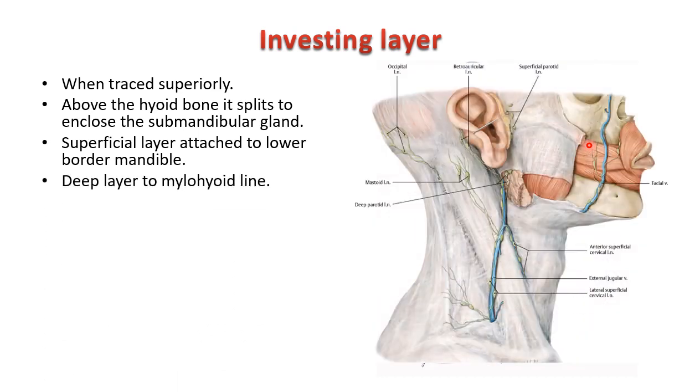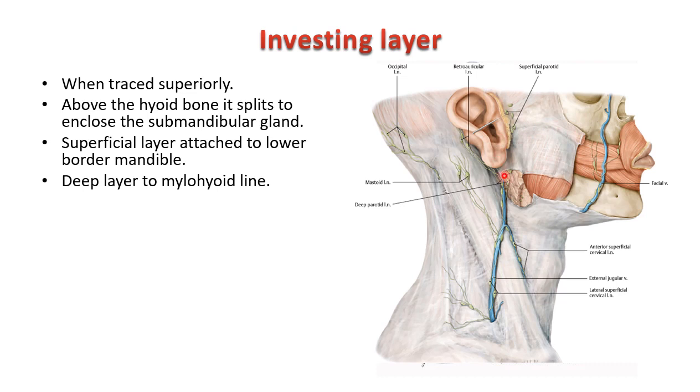In the region further above, the parotid region, again it splits. One layer passes above the parotid gland and attaches to the zygomatic arch.